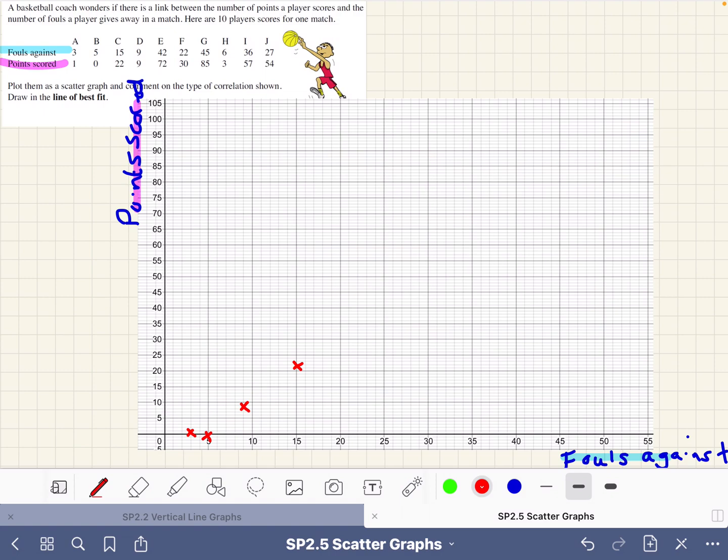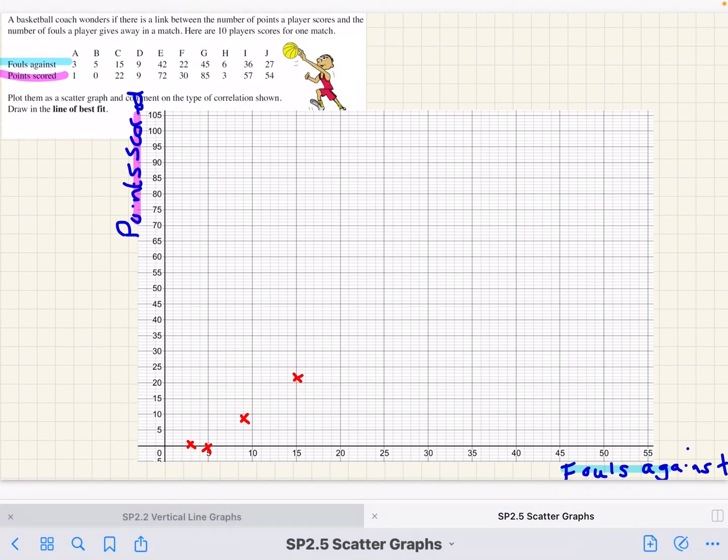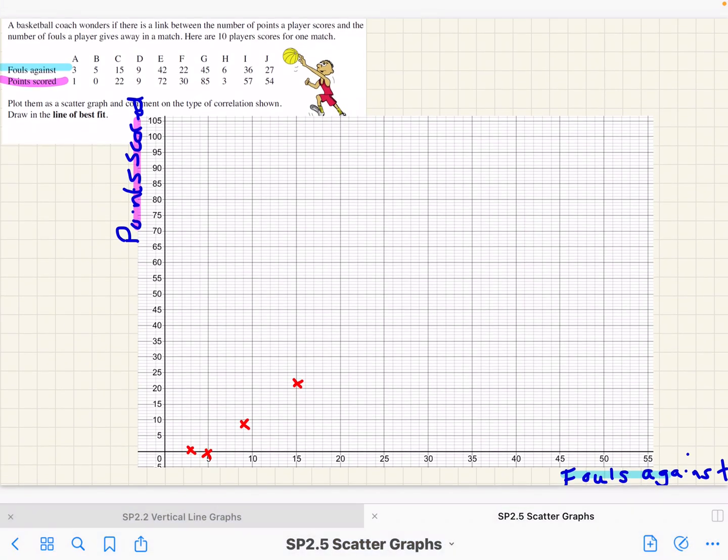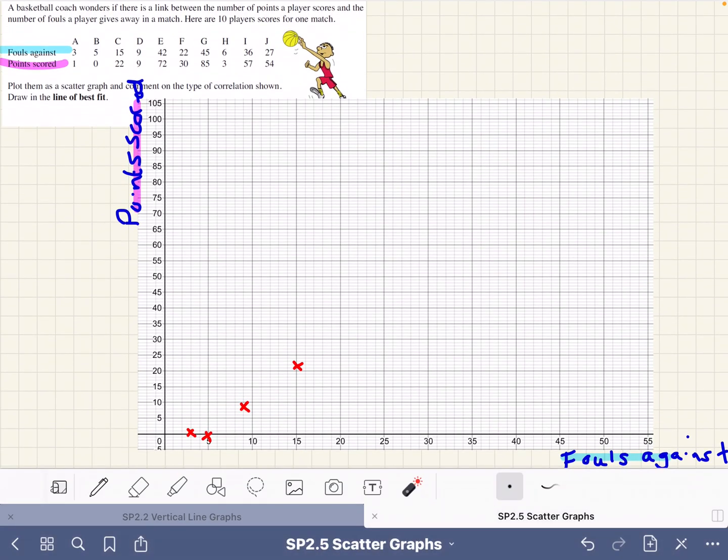42 and 72. So across to 42 and up to 72, which is about there. Next one, 22 and 30.